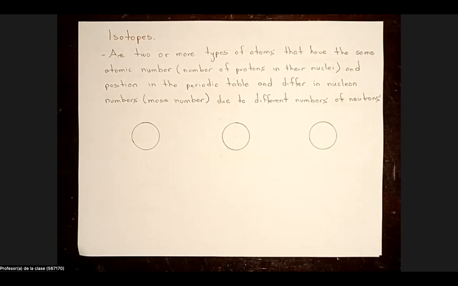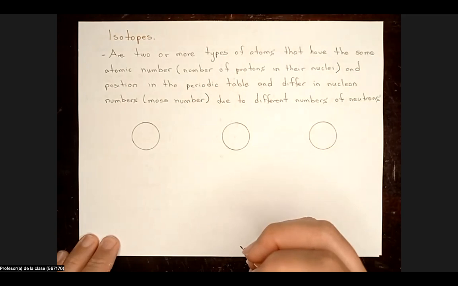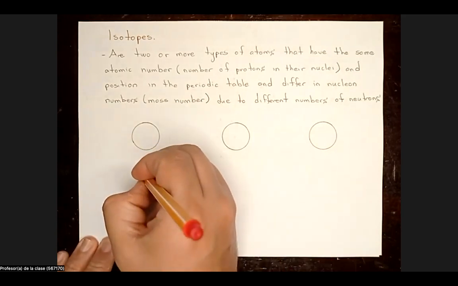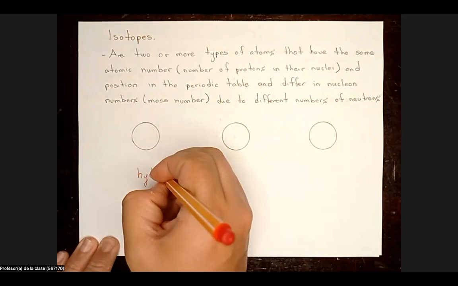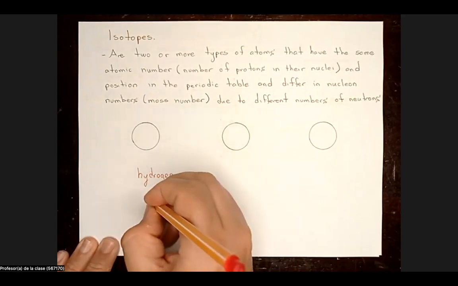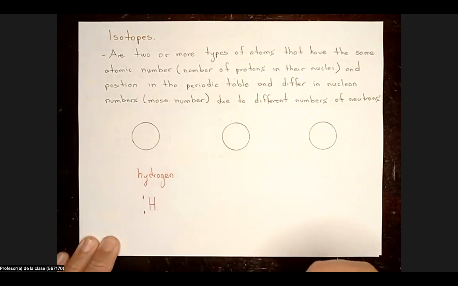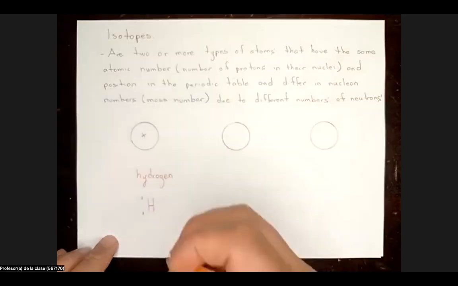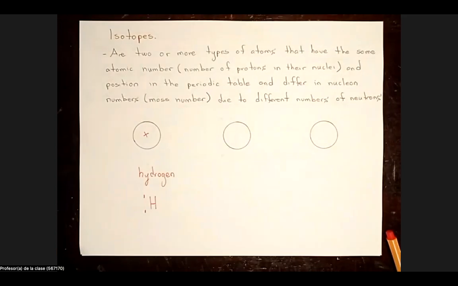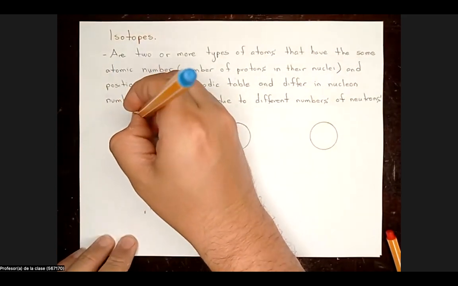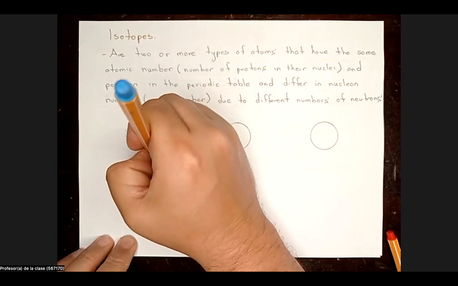So in isotopes, the number that will change is the number of neutrons. For example, element number 1 on the periodic table is hydrogen. Hydrogen is an H with 1 and 1. So we have only one proton inside the nucleus and one electron going around.